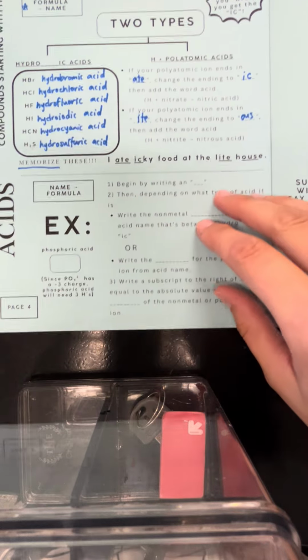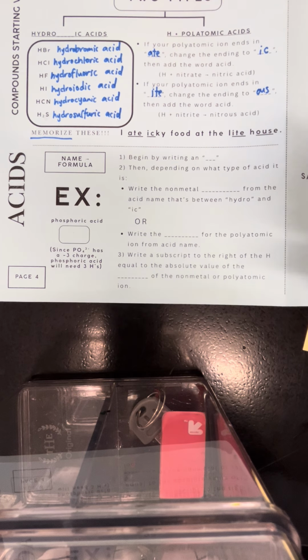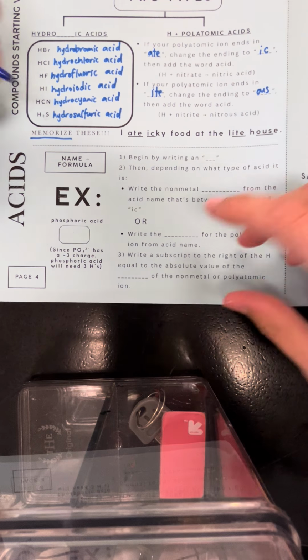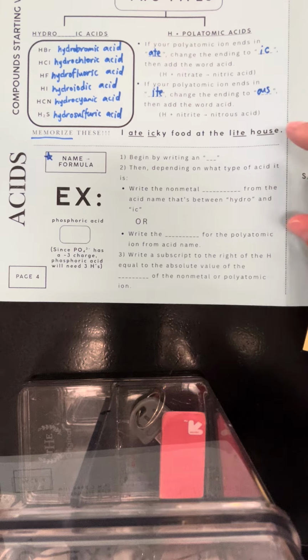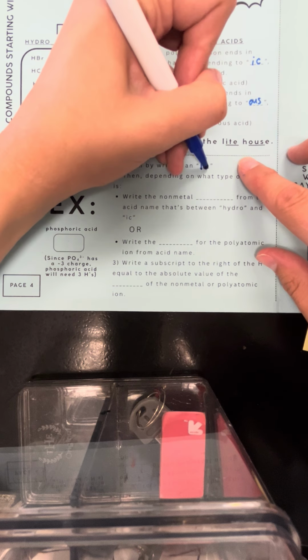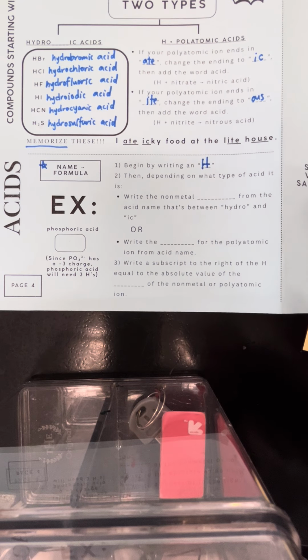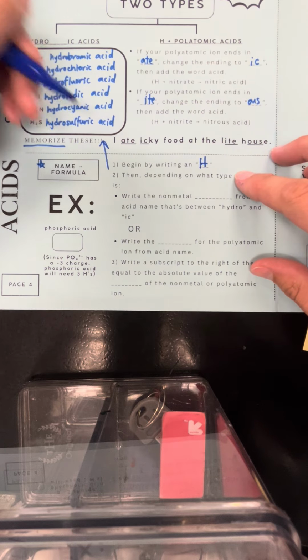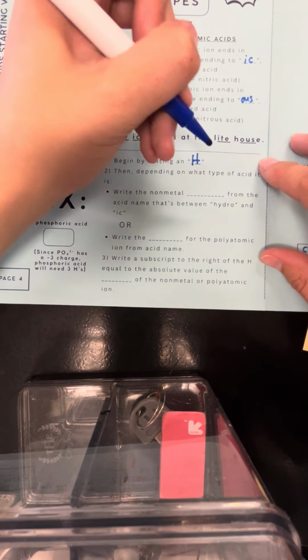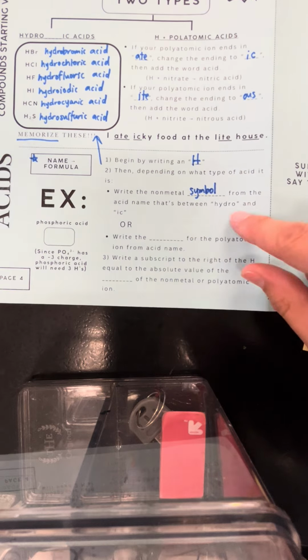Now, what if I'm given the name of an acid and I need to convert it to that formula? I would go right here. My very first step is, because it says acid, I'm going to write an H. Then, depending on what type of acid it is, if it was one of those that I had to just memorize, I'm just going to write the nonmetal symbol from the acid name that's between hydro and ic.